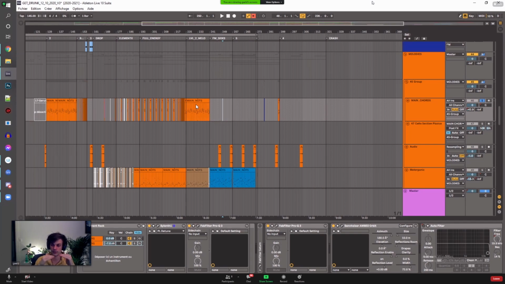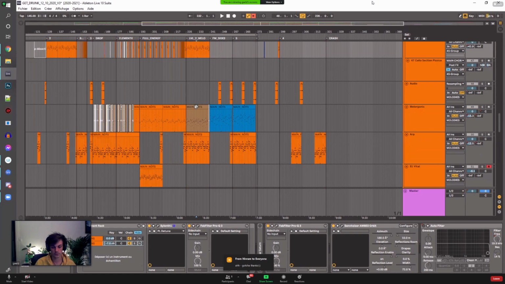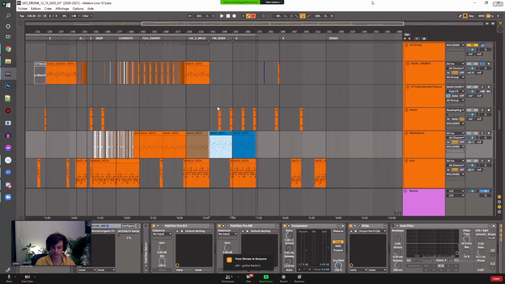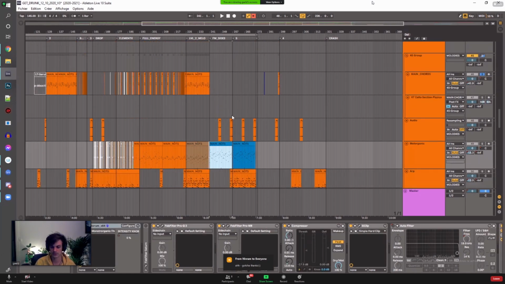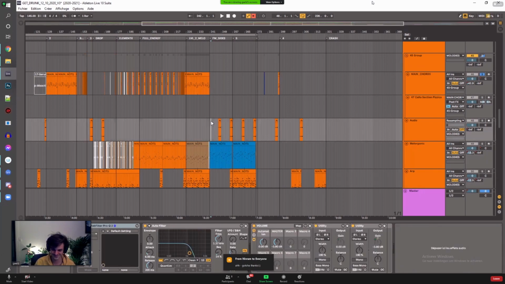But if I make one in C and one in G, they are playing a chord and they are playing in harmony. That is the difference between harmony and unison. I should have explained that before all my explanation, but now it's done.